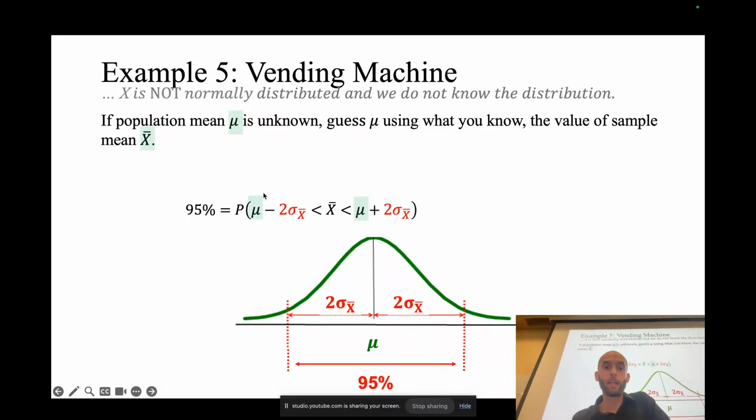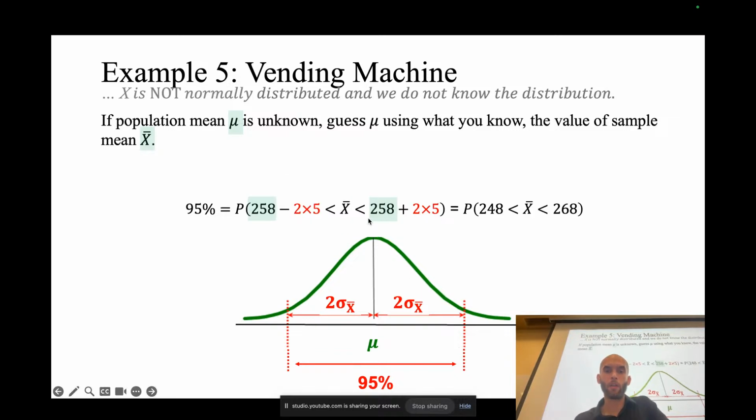So what we're going to do is replace mu in this thing, the probability on this 90% confidence interval, with our sample mean.